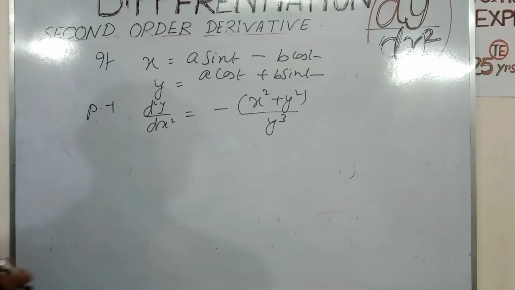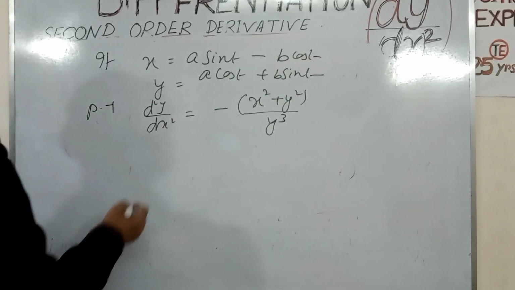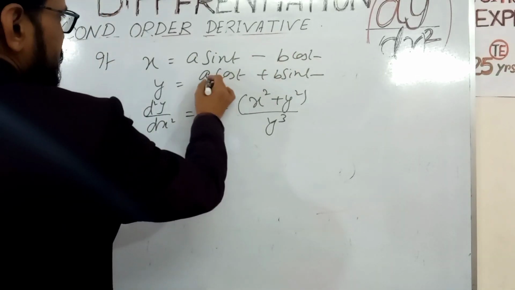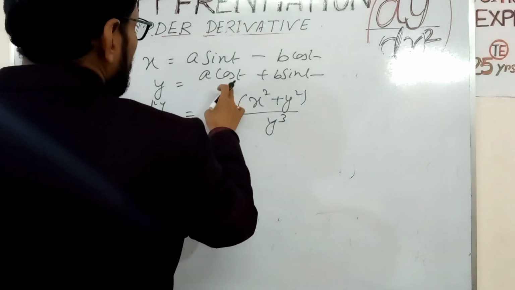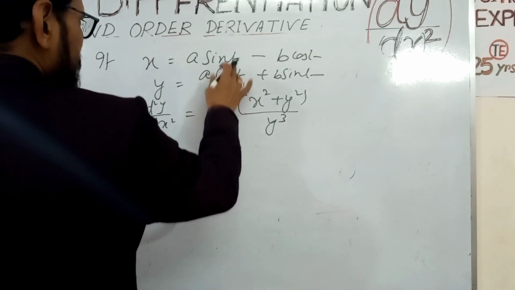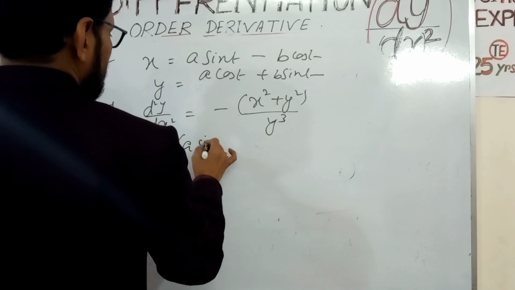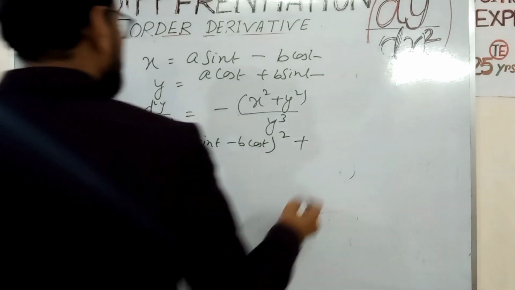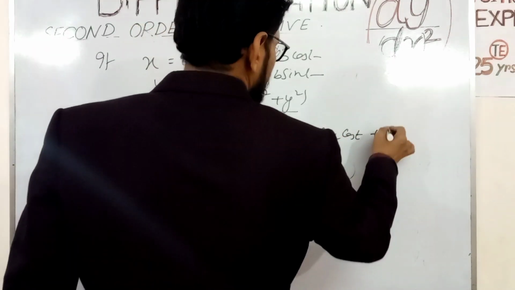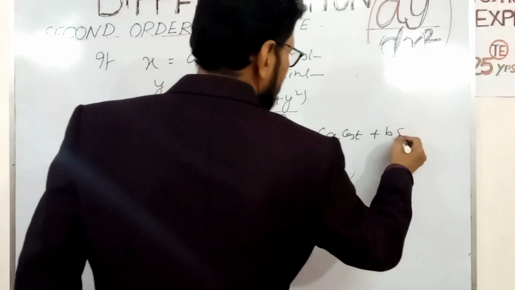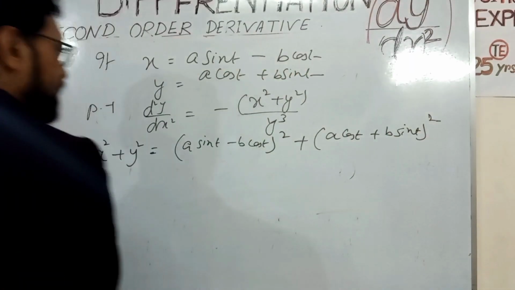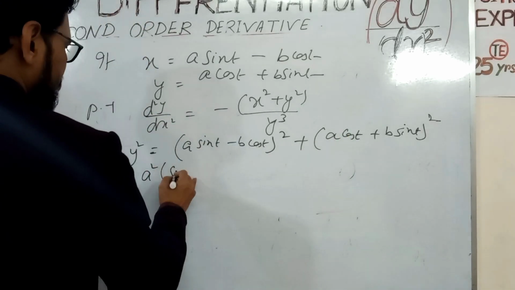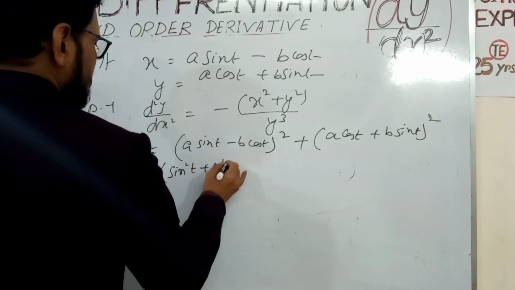First we can eliminate t easily, because a and b constants are present, so by squaring and adding, by observation, suppose this is x square and this is y square. If we square and add, what do we get? a square sin square t plus a square cos square t. So take common, sin square t plus cos square t.